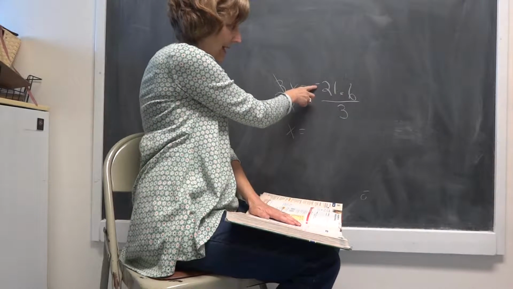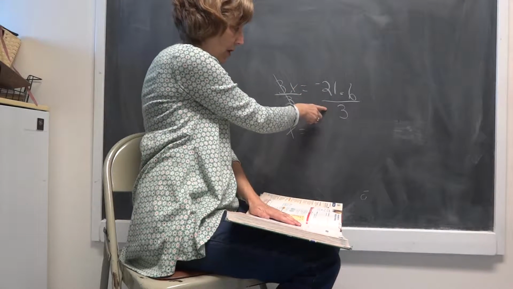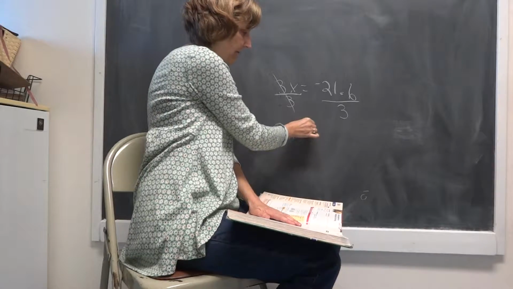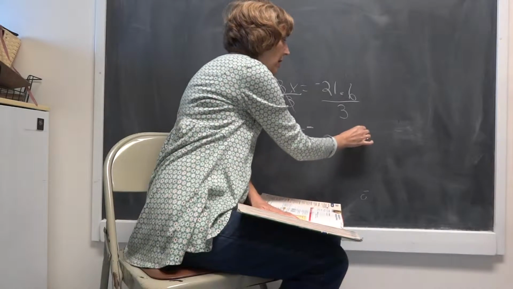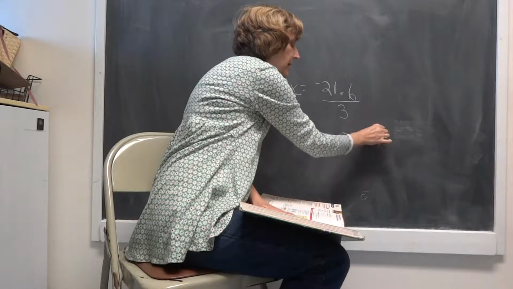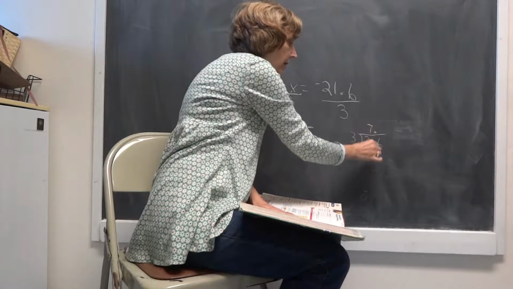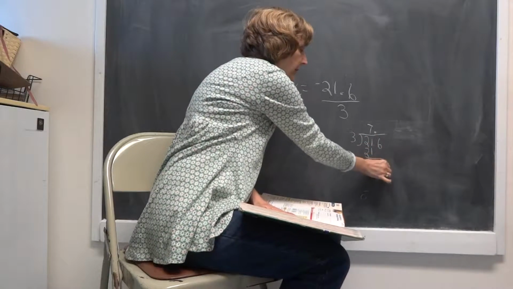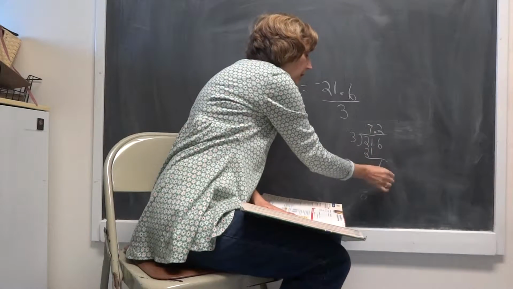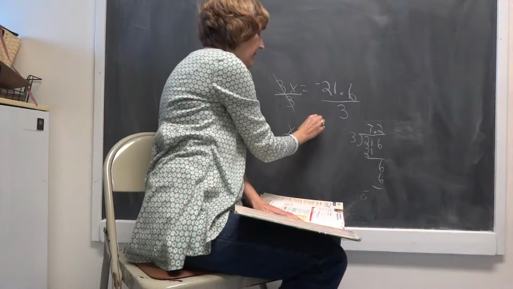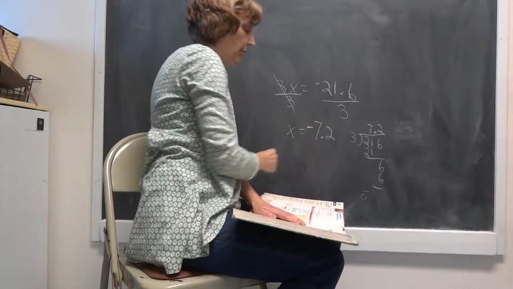I see that that's a negative divided by a positive, which means the answer is going to be negative. 7 times 3 is 21, bring down the 6. 2 times 3 is 6. So the answer is negative 7.2.